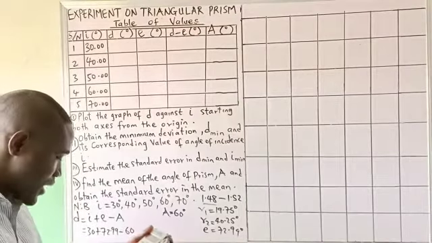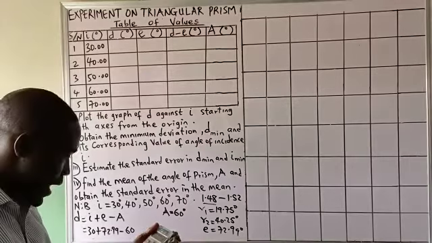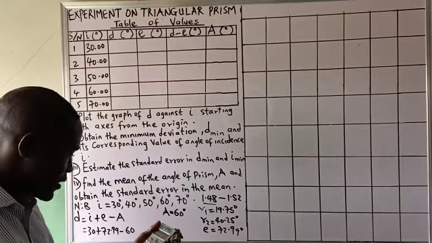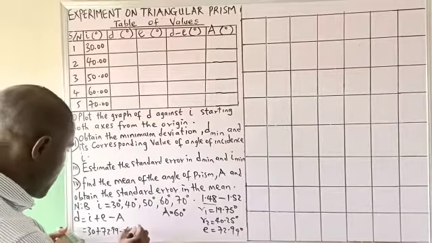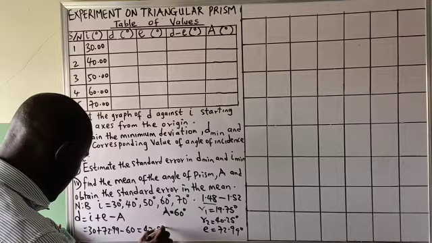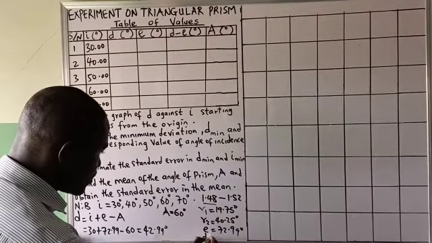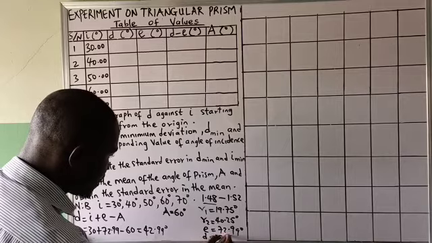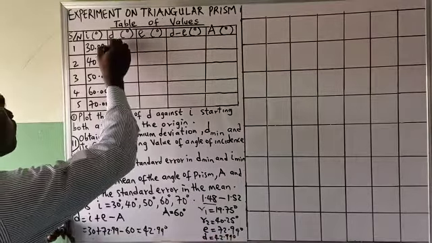So we now say 30 plus 72.99 minus 60. That will be giving you 42.99 degrees. Having that, we say that D is equal to 42.99 degrees.